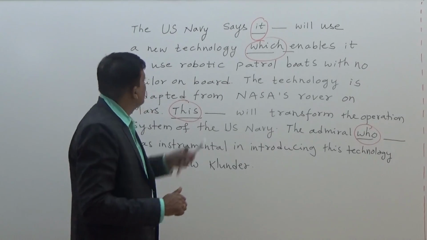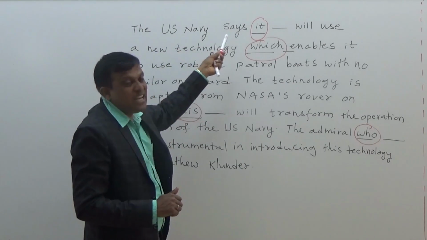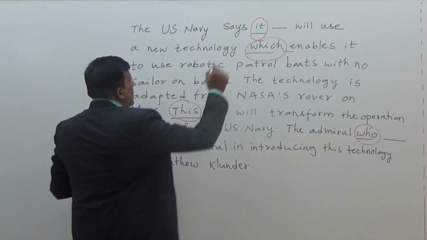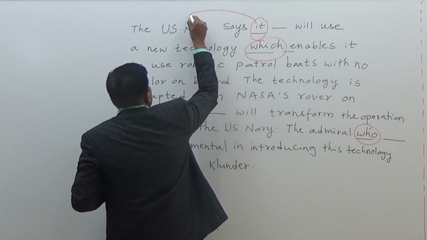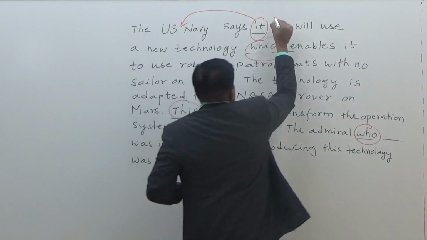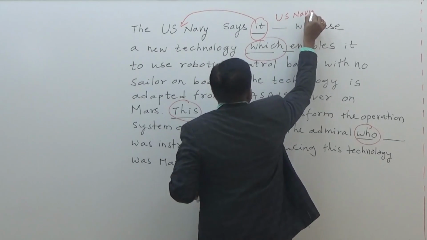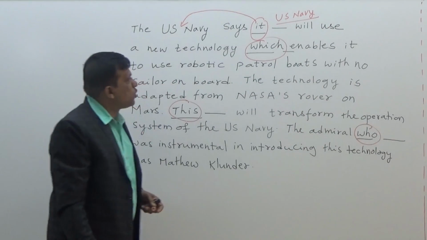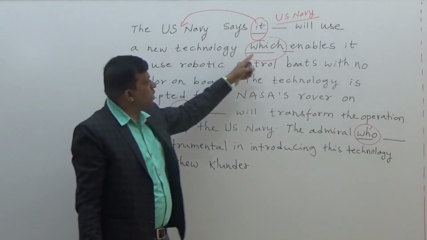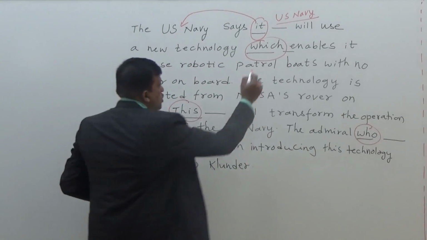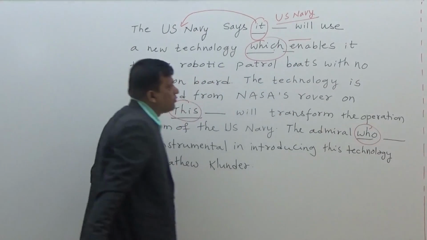Who will use it? The US Navy will use it. So, it means nothing but US Navy. So, it stands for US Navy. So, it will use a new technology which enables, which, and there is a dash here after which.